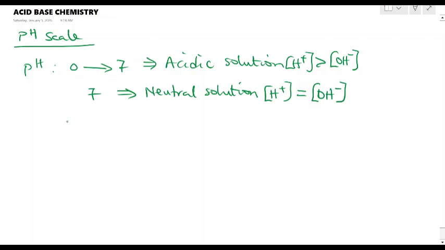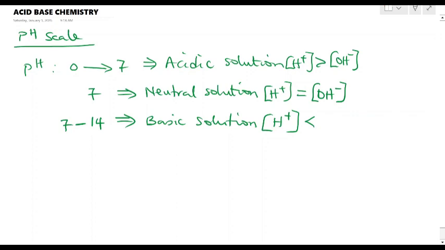And we have a pH scale of 7 to 14. And what you have here is what? A basic solution. And this shows that your hydrogen ion concentration is less than your hydroxide ion concentration. Or you could reverse it to say hydroxide ion concentration is greater than the hydrogen ion concentration.